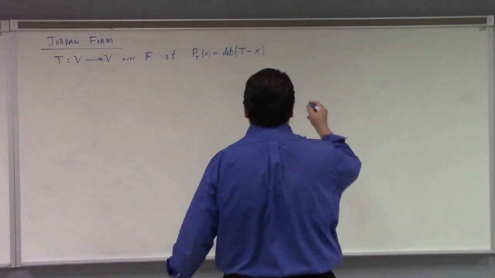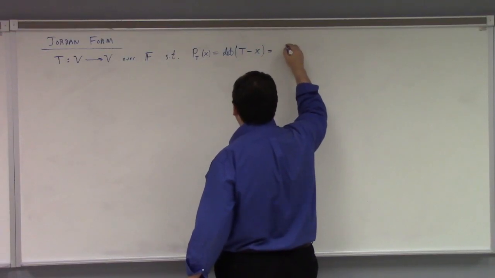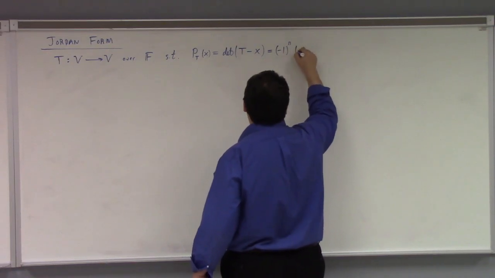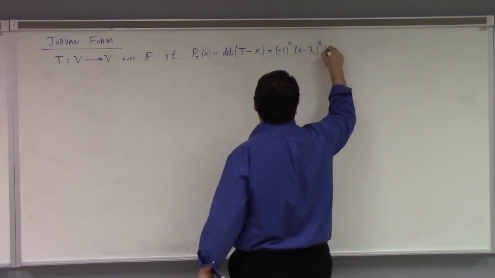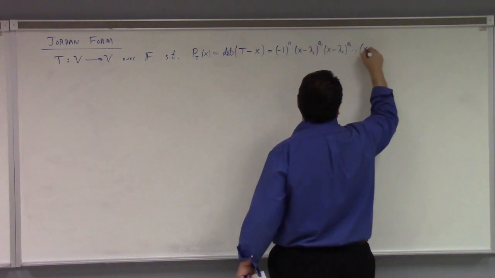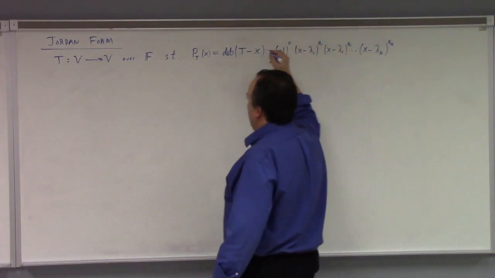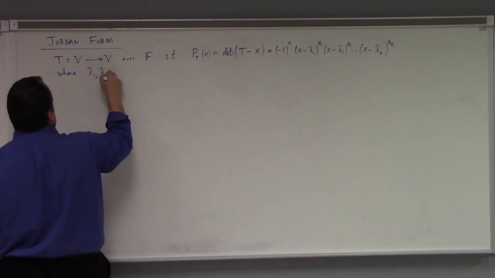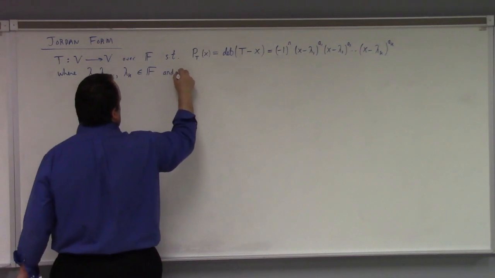So this can be written as (minus 1) to the n times (x minus lambda 1) to the a1, (x minus lambda 2) to the a2, dot dot dot, (x minus lambda k) to the a sub k, where lambda 1, lambda 2, through lambda k are in F and are distinct.